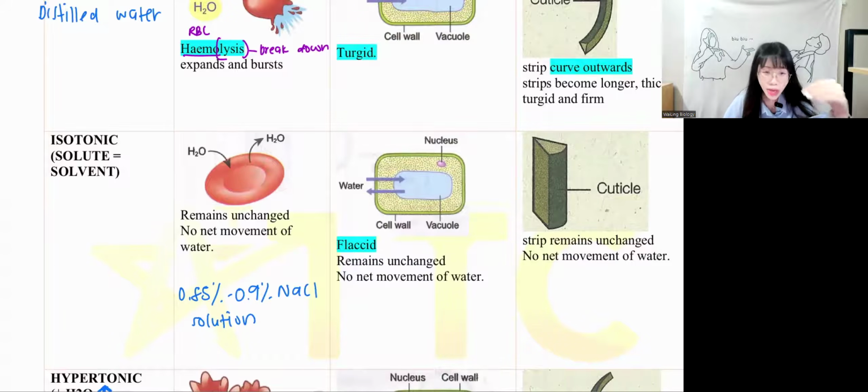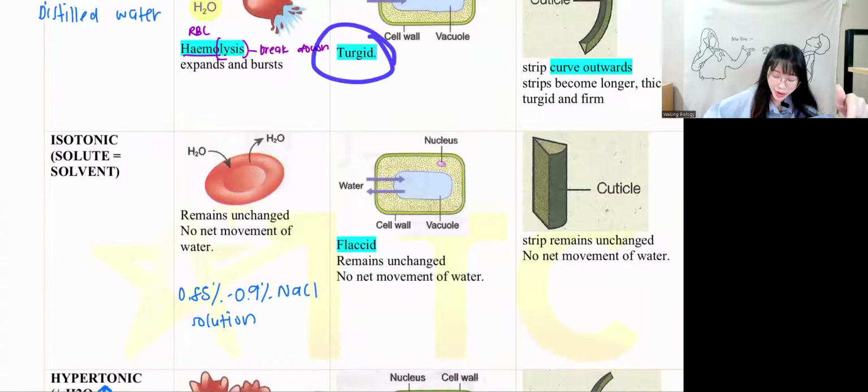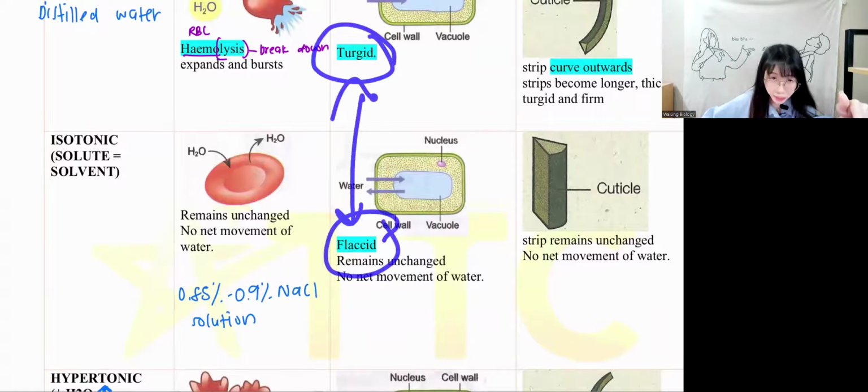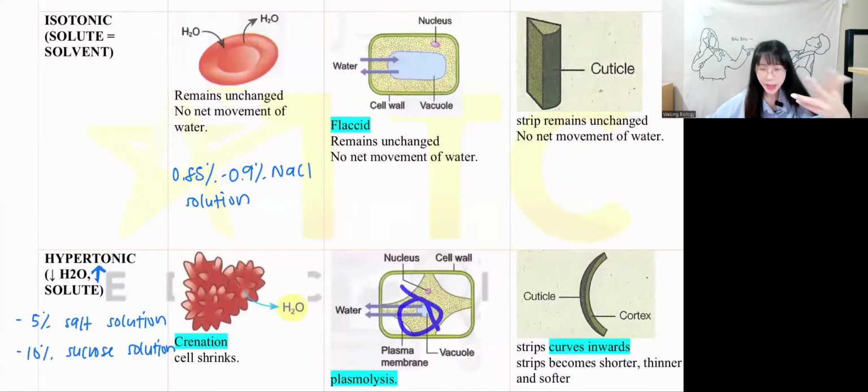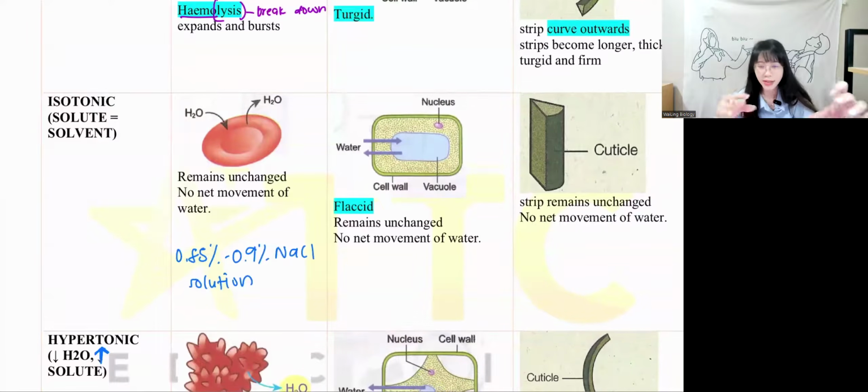Actually, I will not suggest you write flaccid, even though the textbook writes flaccid in isotonic solution, because turgid and flaccid have opposite meanings. Whenever you see turgid becomes bigger, flaccid is supposed to be smaller. But the textbook wrote flaccid as isotonic. So if you want to write an exam, I would suggest you write remains unchanged, or you can just write no net movement of water.